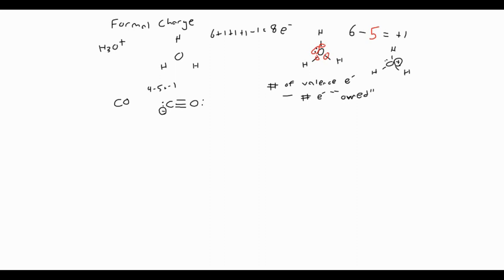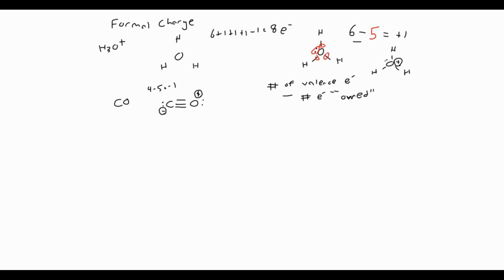And oxygen, just like we had over here, is going to have 6 normally, and it's going to own 2, 3, 4, 5, which gives us a formal charge of +1 in carbon monoxide. However, this doesn't mean that oxygen actually has a positive charge in the molecule.